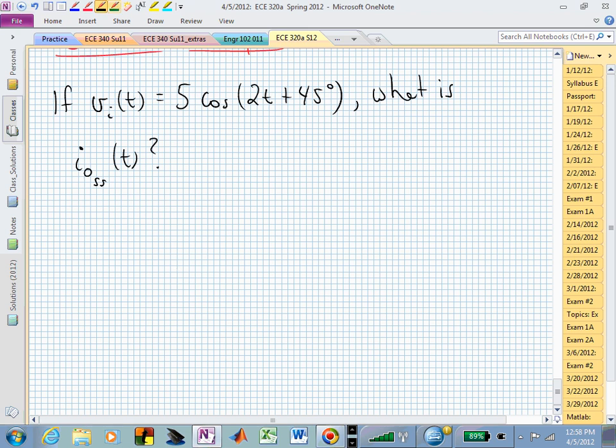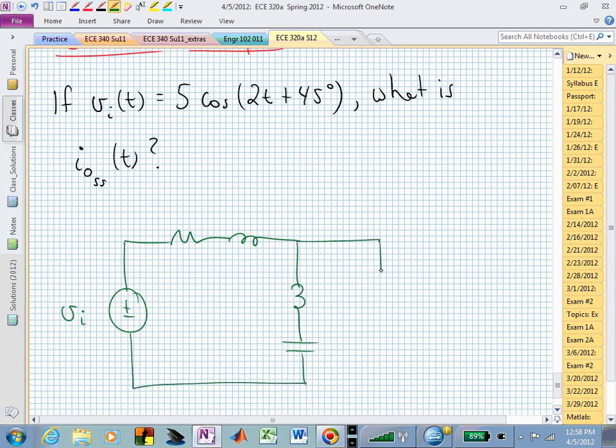Here's my circuit. Here's my input. I have a resistor, an inductor. I have an inductor and a capacitor. And I have an inductor and another capacitor.